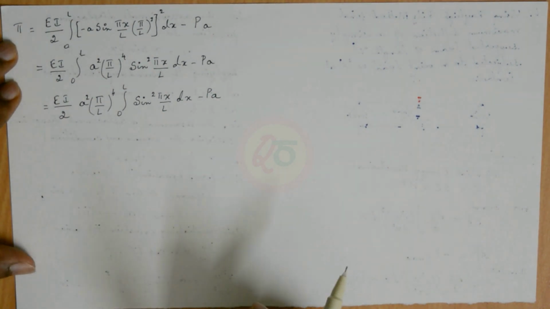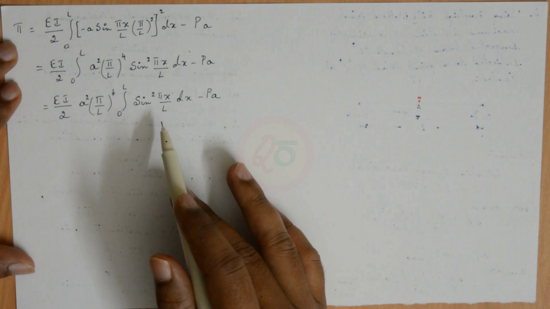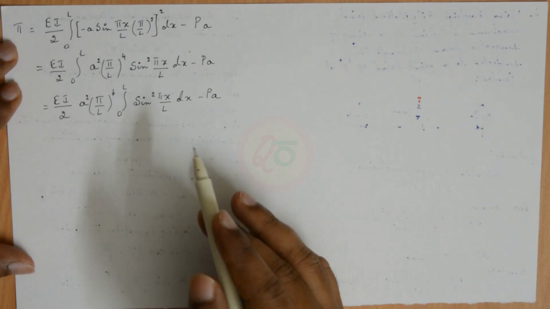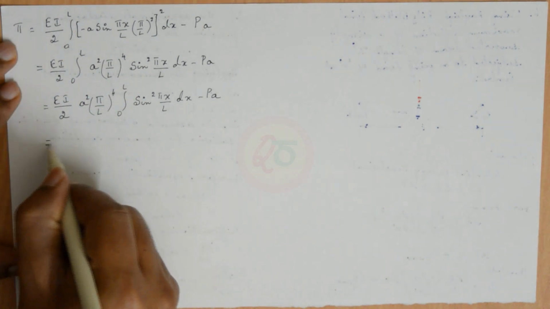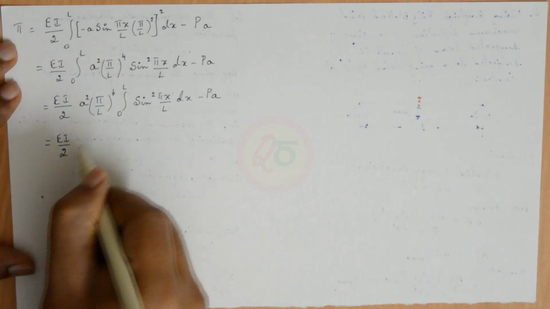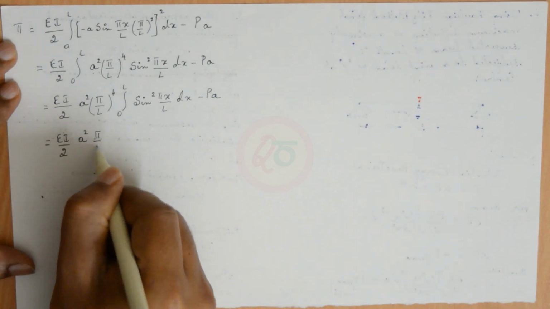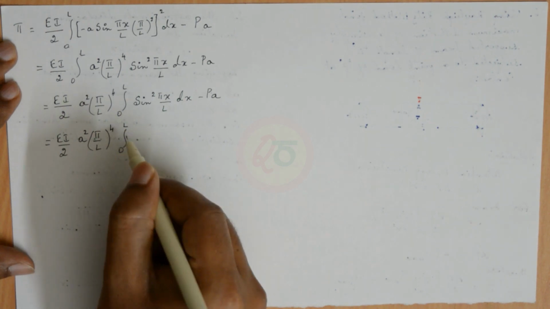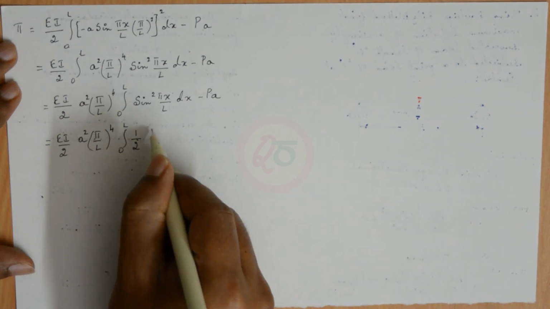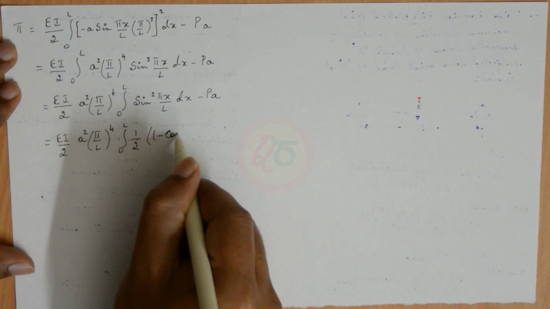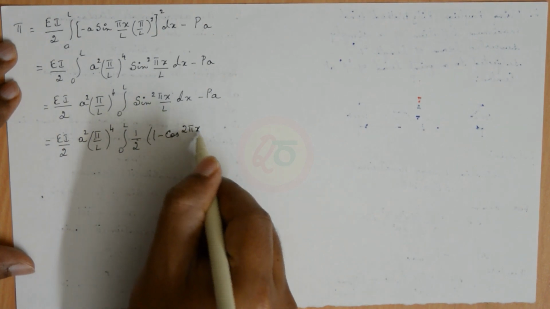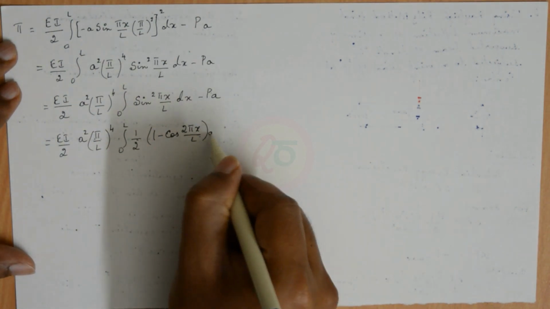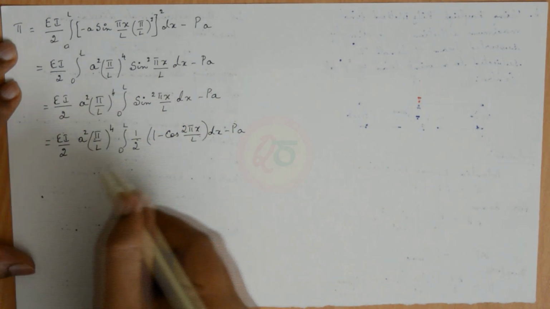In order to integrate sine square pi x by L, we'll convert it to the form of cos, which is EI by 2 a square pi by L to the power 4 integral 0 to L 1 by 2 times 1 minus cos 2 pi x by L. We'll convert it into this form and proceed further with the integration.